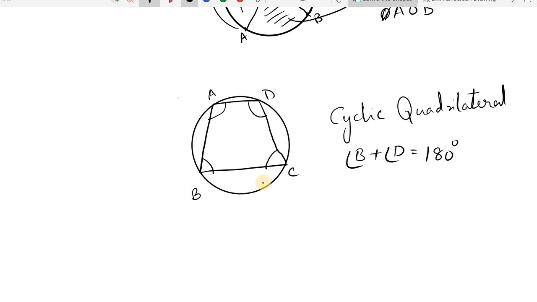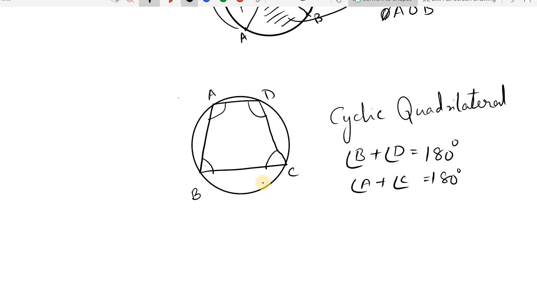Similarly, angle A plus angle C would be 180 degrees. So this is what we mean by a cyclic quadrilateral. If a quadrilateral is there where the opposite angles are supplementary, then it means that I could draw a circle such that all the 4 points touch the circle.